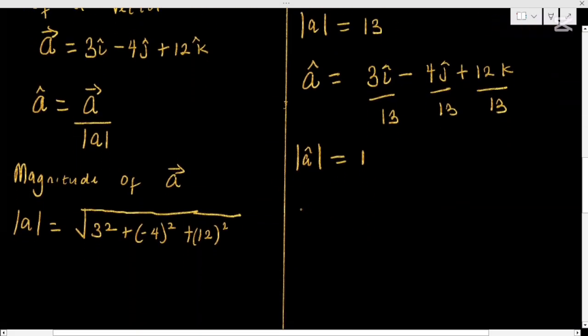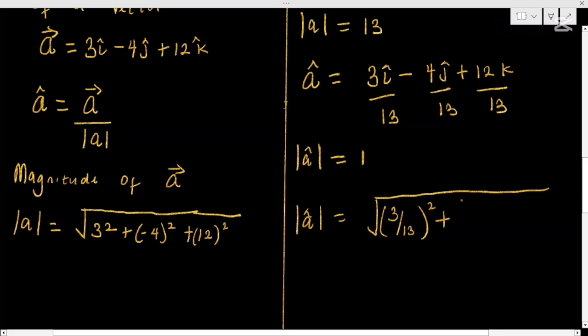So let's see. So our magnitude of unit vector A will be what? The square root of 3 over 13 all squared plus minus 4 over 13 all squared plus 12 over 13 all squared.